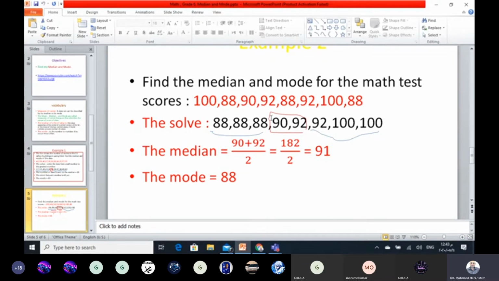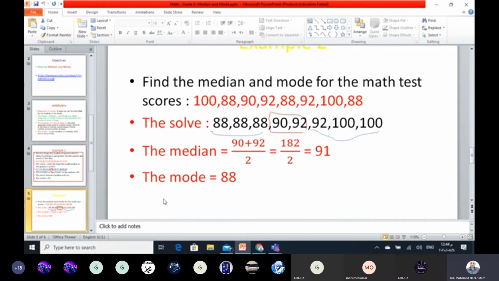You will find the 2 numbers in the middle are 90 and 92. Then find the mean of 90 and 92. How to find the mean? 90 plus 92 divided by the number of data. How many numbers do we have here? We have 2, so divided by 2. So 182 divided by 2 equals 91.